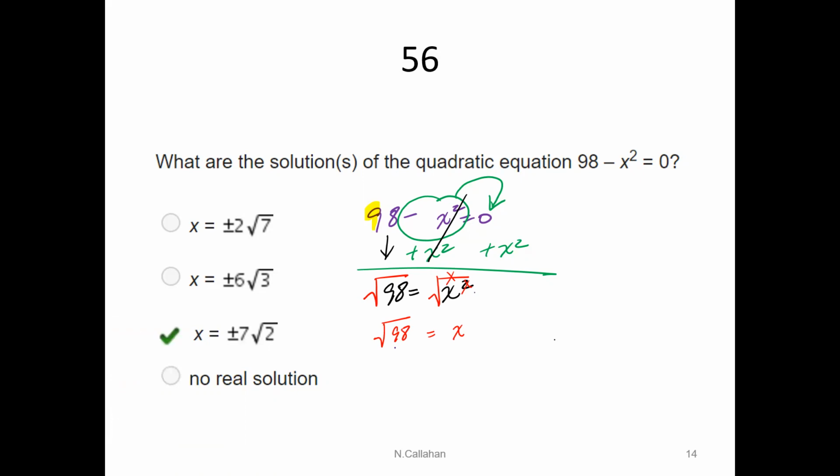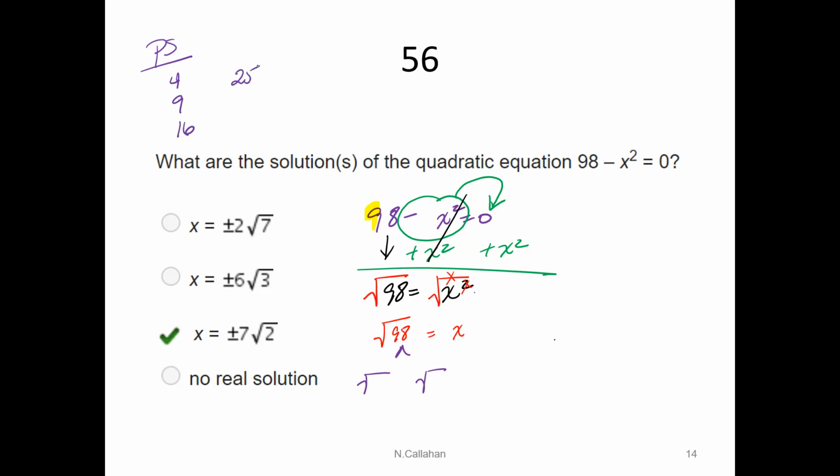So you have to ask yourself, and we're going to go back to like 4th grade math where you're finding common factors of a number. If I were to break down 98, what times what gives me 98? Think about it. With these numbers, you want to use perfect squares. Perfect squares are like 4, 9, 16, 25.